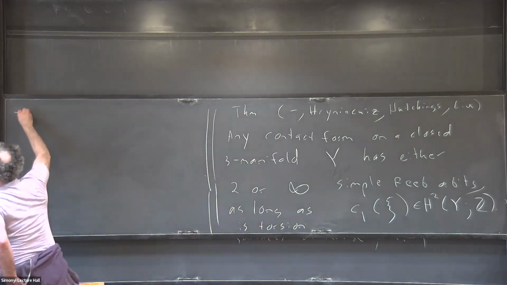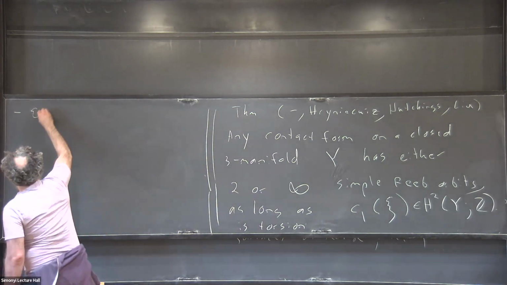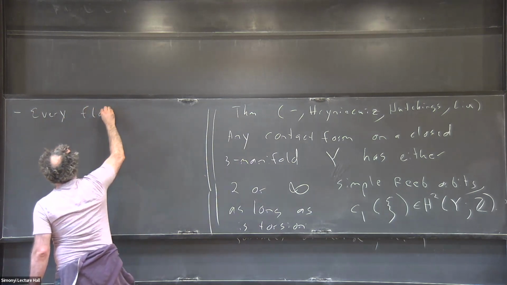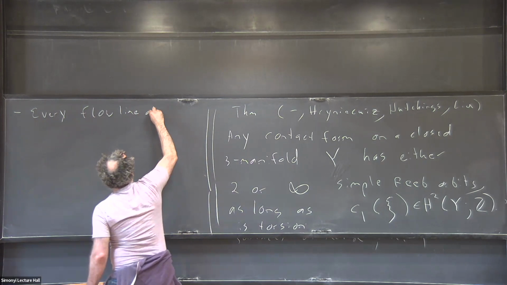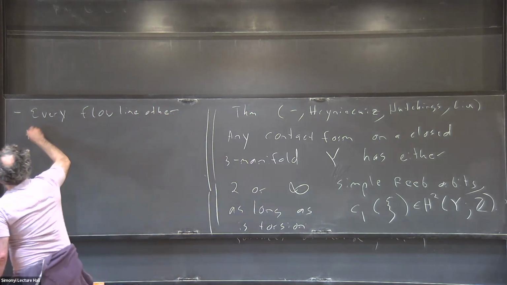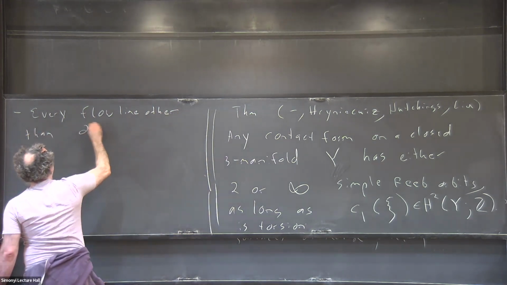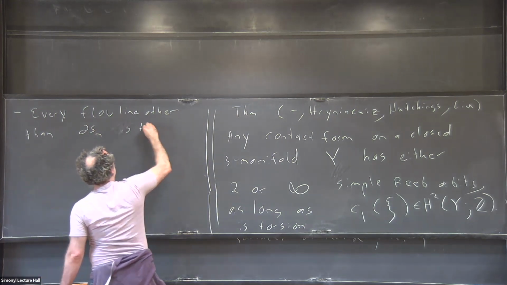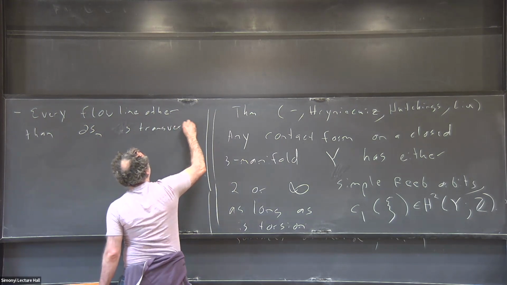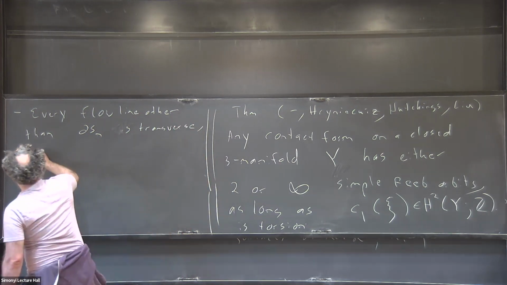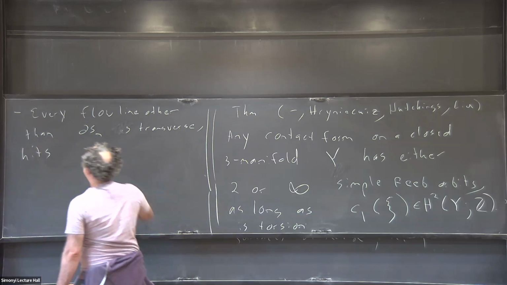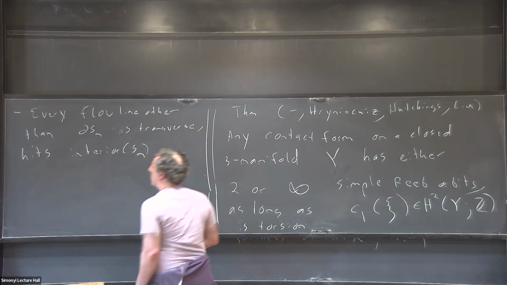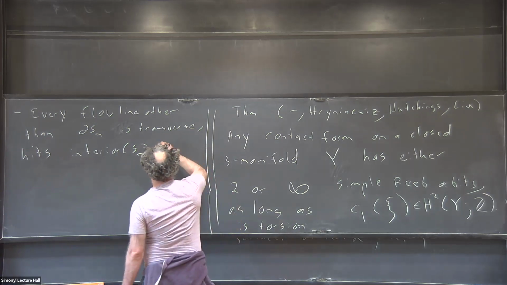So every flow line other than the boundary is transverse and hits the interior of S_n forwards and backwards in time.